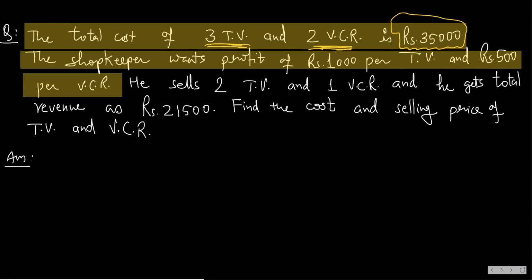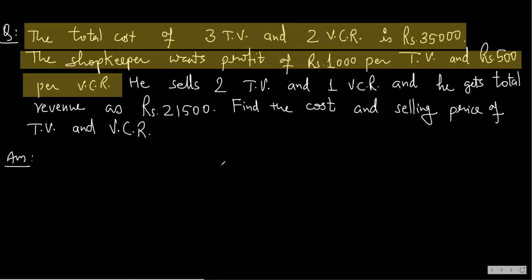Now, why do you open a shop? You open a shop to earn profit. You will sell only after adding a profit to your products which you are selling. So the shopkeeper now wants profit of rupees 1,000 per TV. On one TV, he wants to earn profit of rupees 1,000.